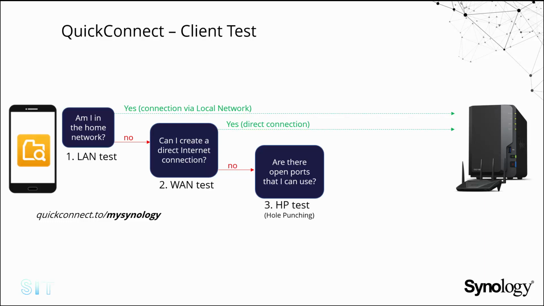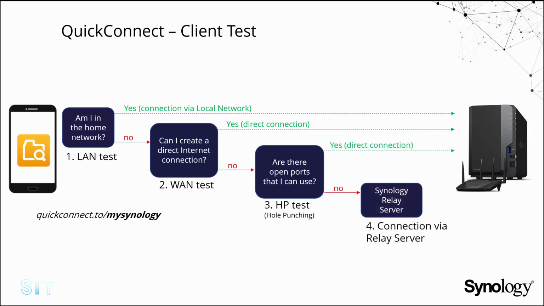Here, QuickConnect searches for open ports or opens a port to continue to establish a direct and therefore faster connection. If this attempt also fails, the connection will be established through the Synology relay server instead of directly.